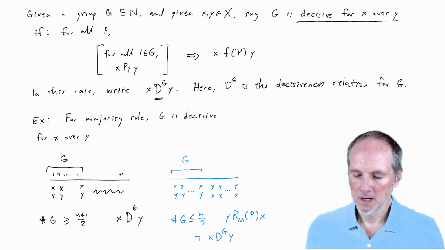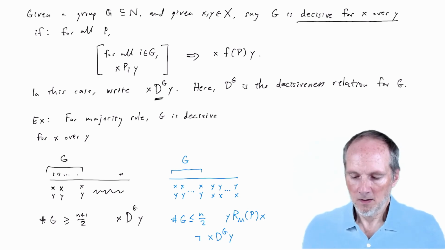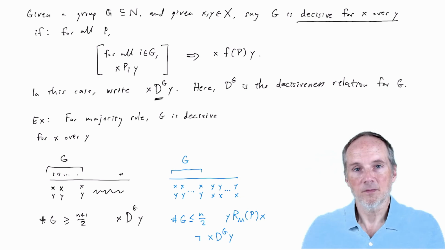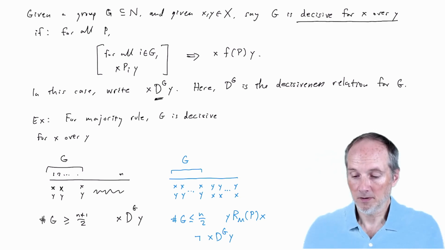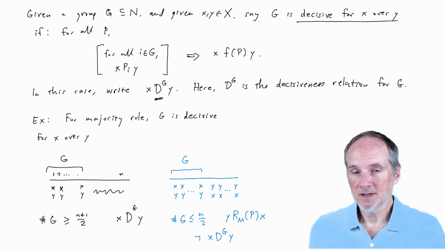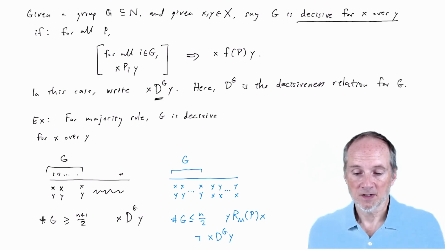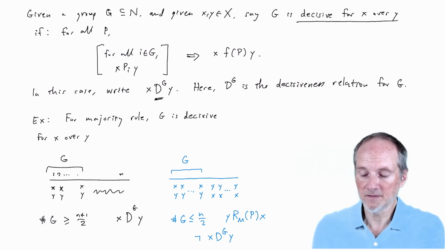Okay, so for majority rule, if the group is big enough, it'll be decisive for X over Y. But if it's too small, it won't be. Now we want to be very general here and allow for social preference functions that give different groups of people different power over different alternatives.